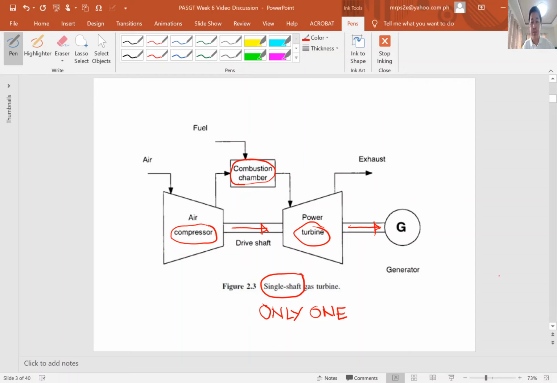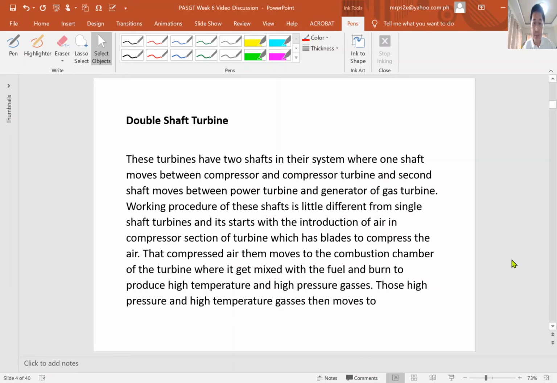So we'll proceed to the double shaft turbine. These turbines have two shafts. Remember, two shafts.